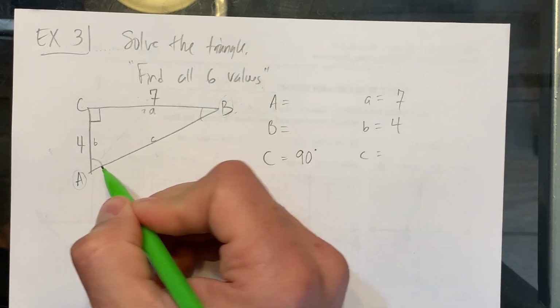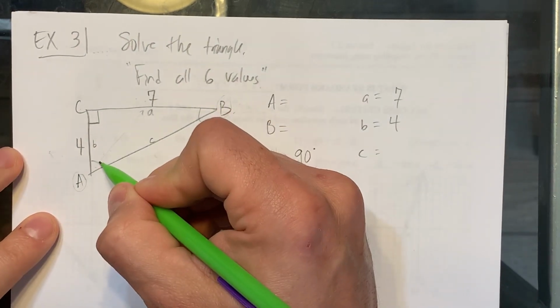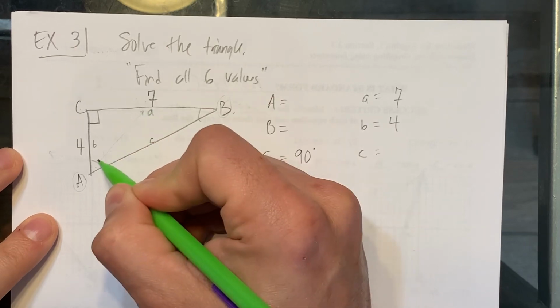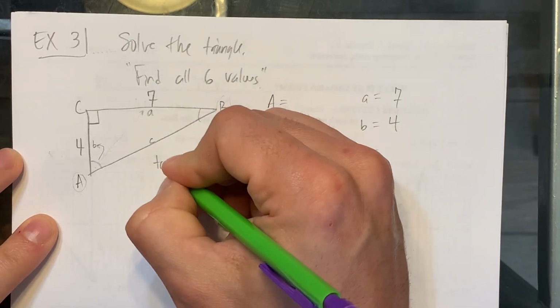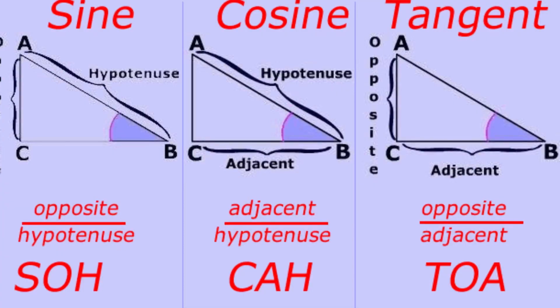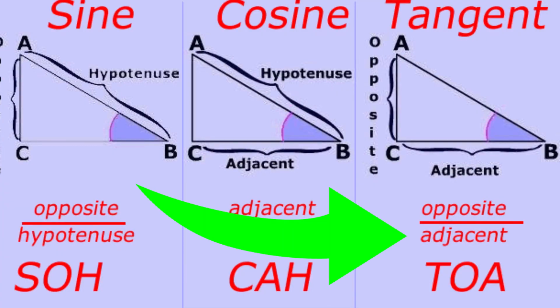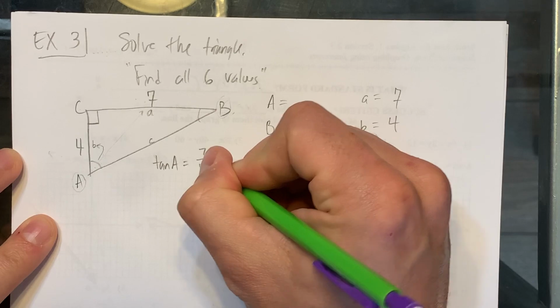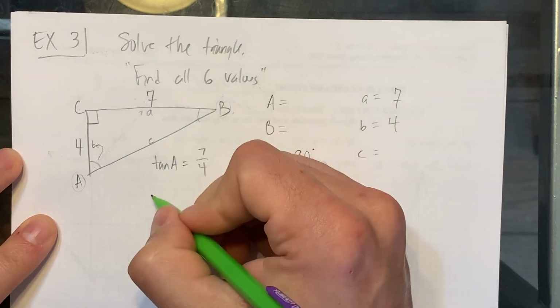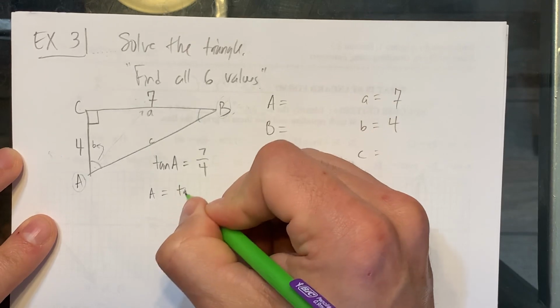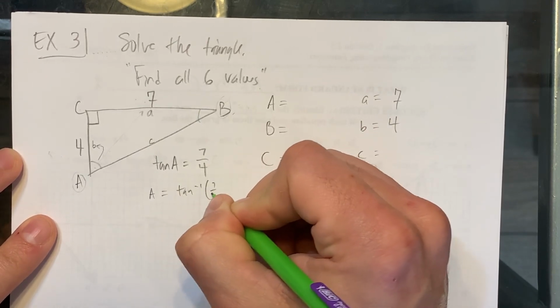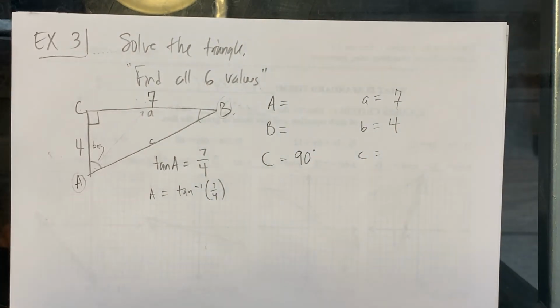So in the case of angle A, I know that I have two sides. Opposite is 7 and adjacent is 4. And so that tells me that I need to use tangent. In this case, tangent of angle A is going to be opposite over adjacent, or 7/4. And now what we've learned to find an angle is that we just use inverse of both sides. In this case, inverse tangent of 7/4.